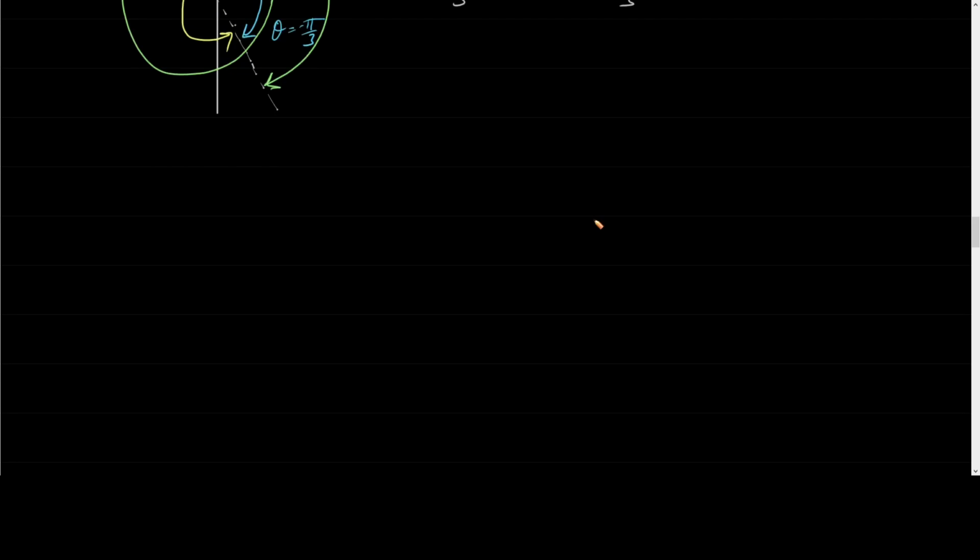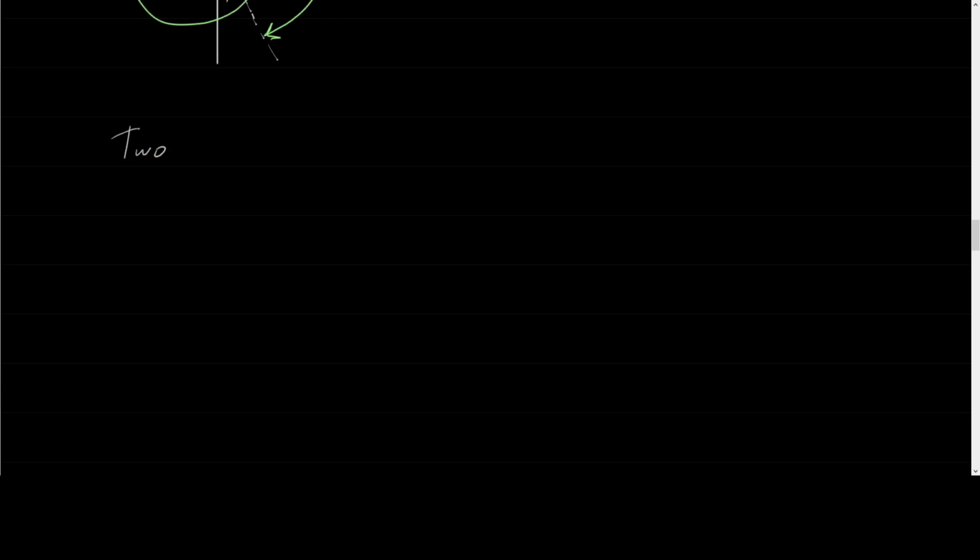All right. Now, quick definition. Two positive angles are complementary if their sum equals pi over 2.